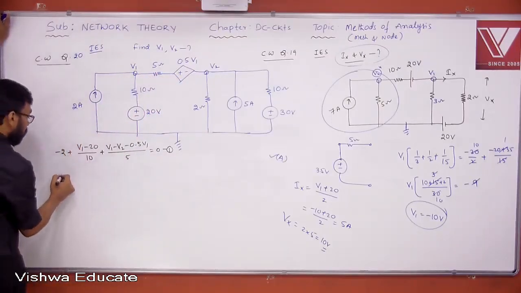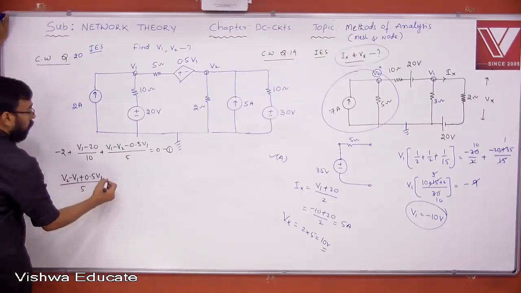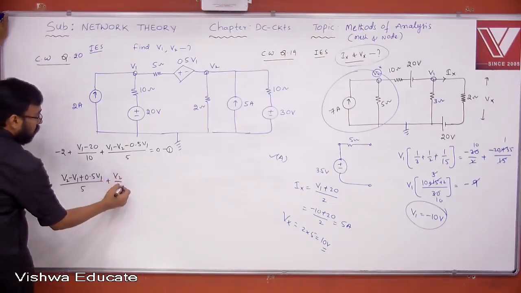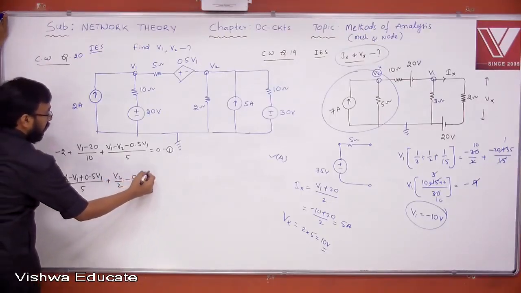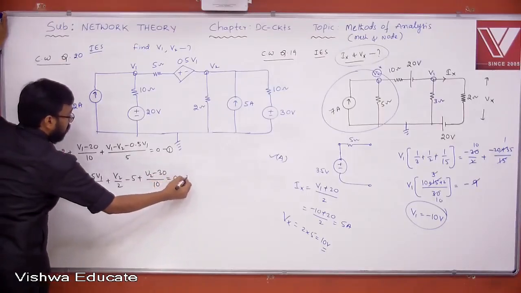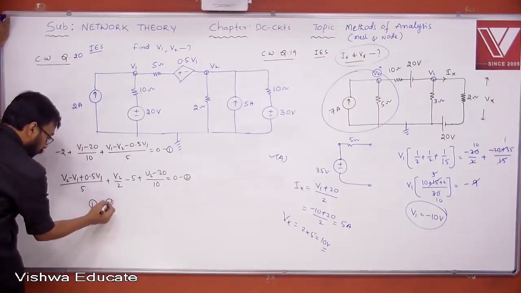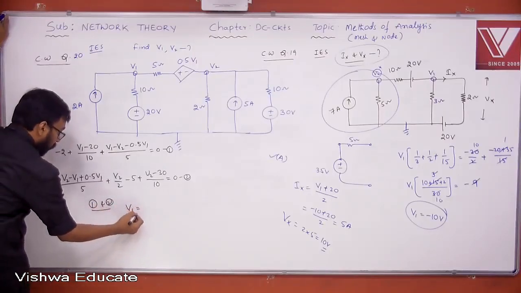Second equation, please. V2 minus V1 plus 0.5 V1 by 5, V2 by 2 minus 5 plus V2 minus 30 by 10. Second equation.